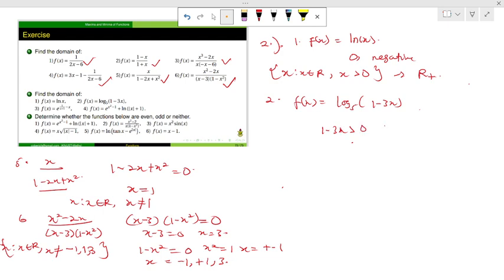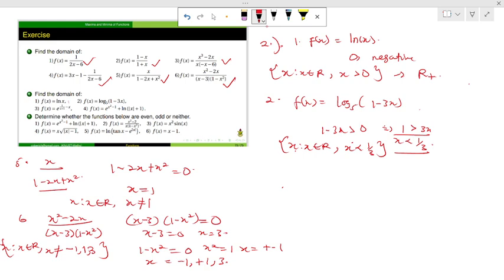Therefore, simplifying, I'll have 1 is greater than 3x, and therefore x is less than what? 1 over 3, right? Therefore, x is such that x is a member of all real numbers where x is less than 1 over 3. Okay, so once I have this, I'm done with the second part.